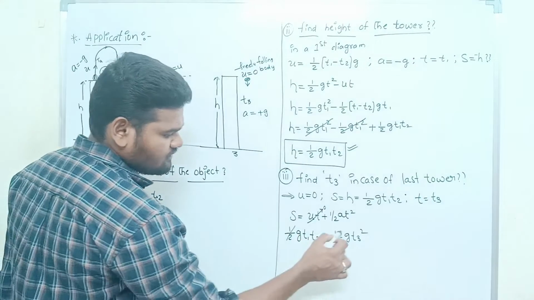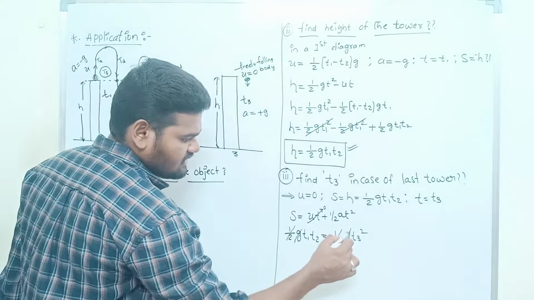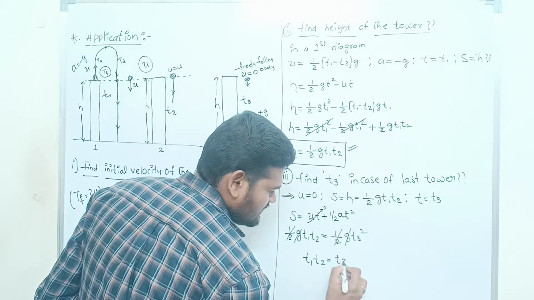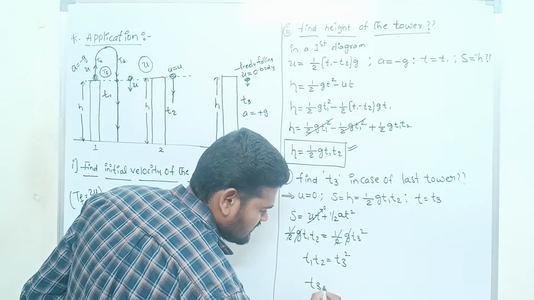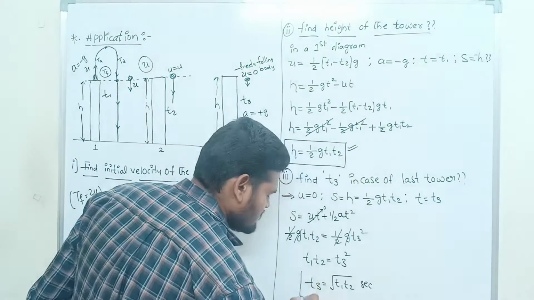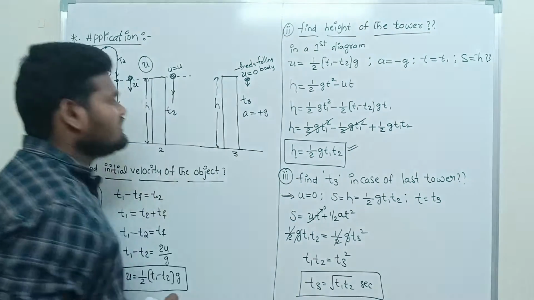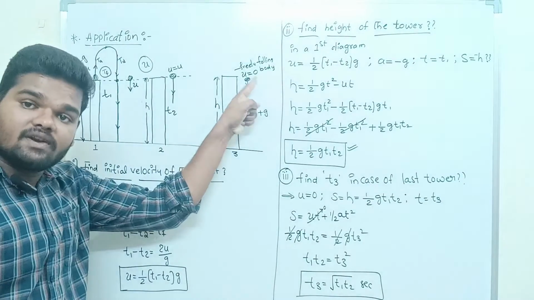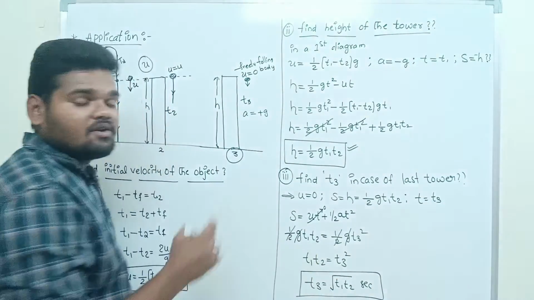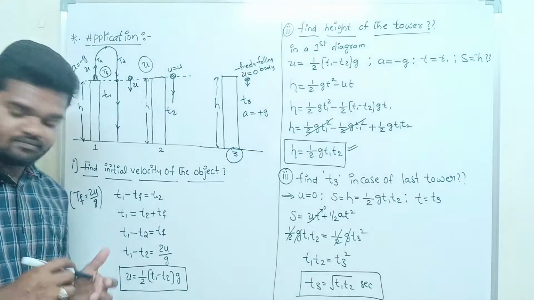So 1 by 2 gets cancelled out, g gets cancelled out, and we got T1 T2 is equal to T3 square. From this we can write T3 is equal to under root of T1 T2 seconds. So this is the time taken by the body to reach the ground in case of the third tower: under root T1 T2.